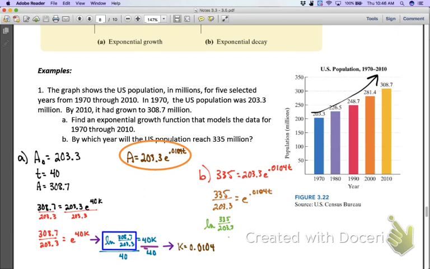But then that's going to be equal to my 0.0104 t, so whenever I divide it by 0.0104, it's going to give me about 48 years. So just a little bit over 48 years is how long it's going to take.